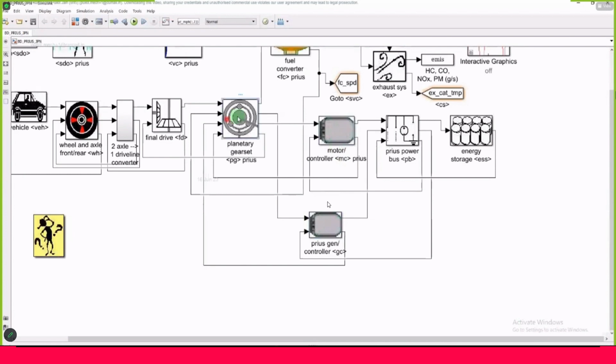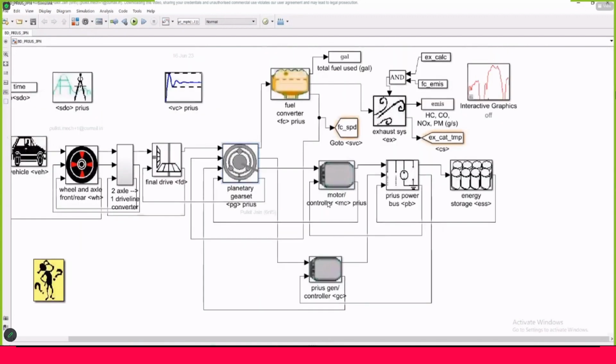We have to understand this particular block. If you have already studied something about the Toyota Prius, then you will know about it, but let me show you what exactly happens in the Toyota power split device.